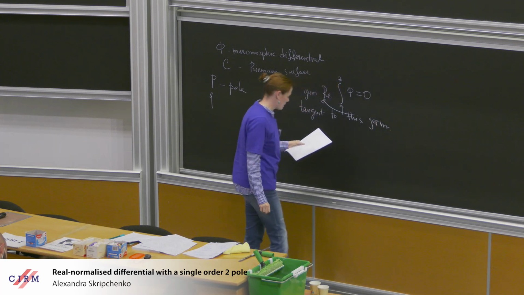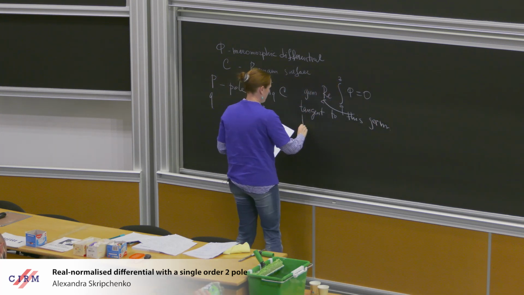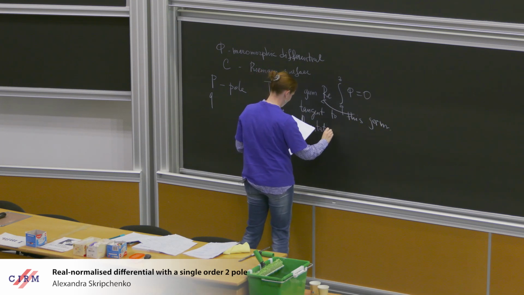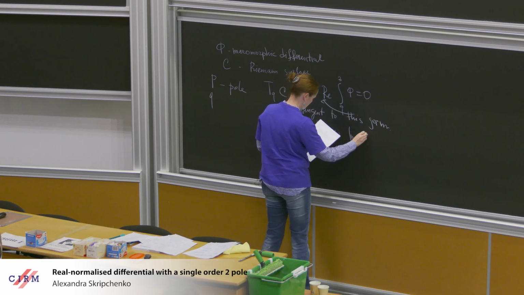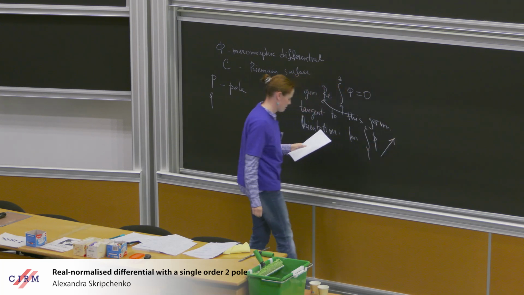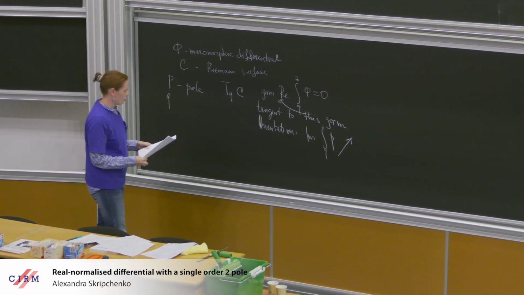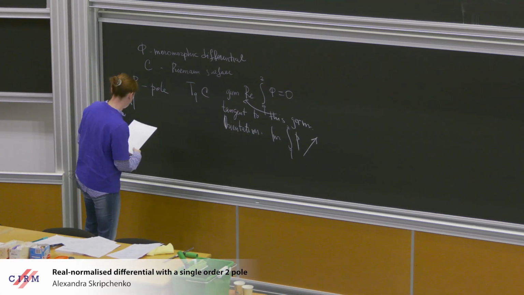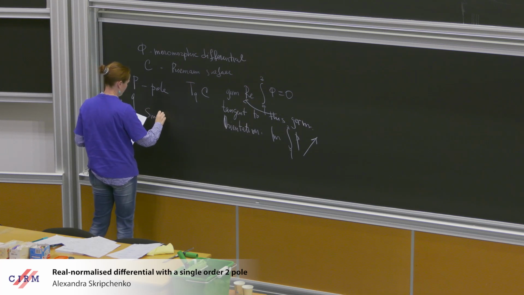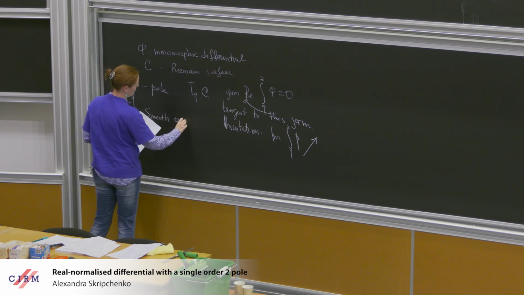And I choose the orientation: I have a line, so I'm allowed to orient it. Orientation will be given like that, and I want it to increase. So this allows me to define a smooth oriented line field on my surface.